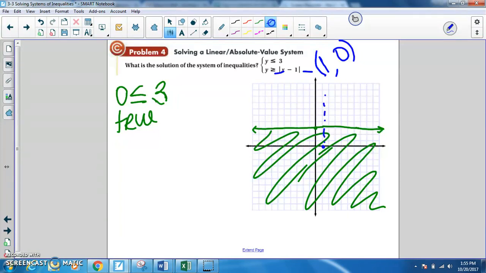On my axis of symmetry, I go up 1 over 1, up 1 over 1, and I reflect those points over the axis of symmetry. I connect with a solid line.